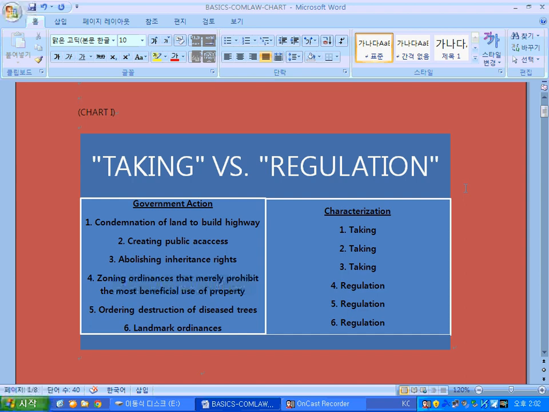It would be viewed as just a regulatory measure. Fifth, ordering destruction of diseased trees would be a regulation in court terms. And a landmark ordinance would usually be considered a regulation.